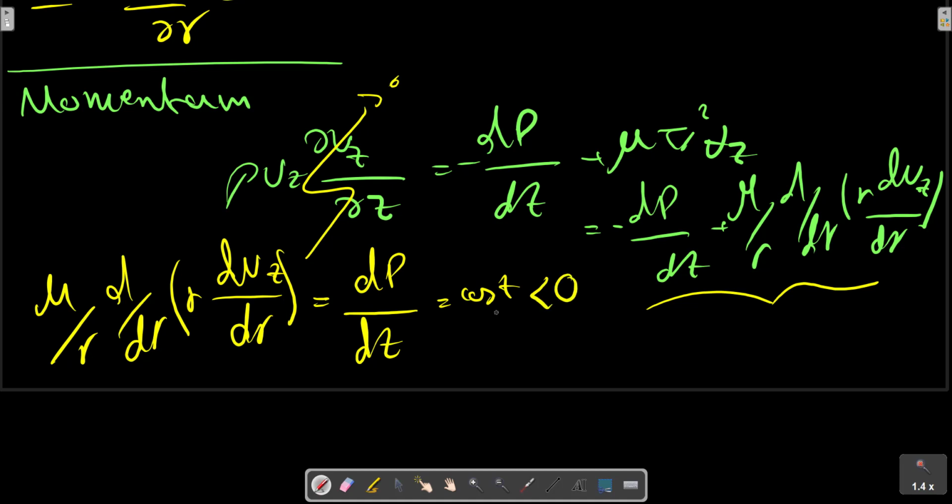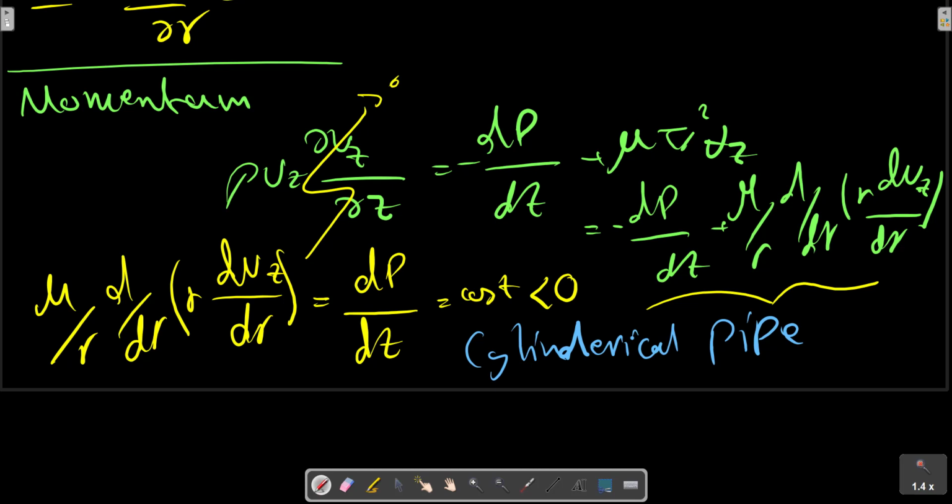This is exactly the situation that occurs for the flow between flat plates. This is for a cylindrical pipe. Let me write. Again, the separation constant is negative and pipe flow will look much like the plate flow.